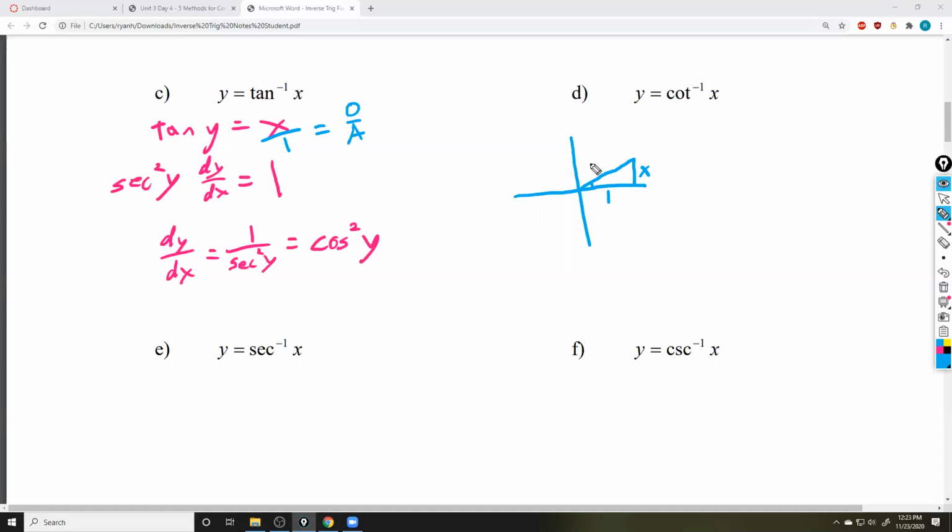And so we can figure out what our hypotenuse is. So we want c squared equals x squared plus 1 squared. And so c is going to equal the square root of 1 plus x squared.